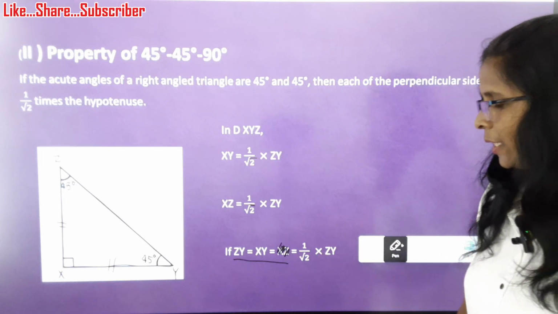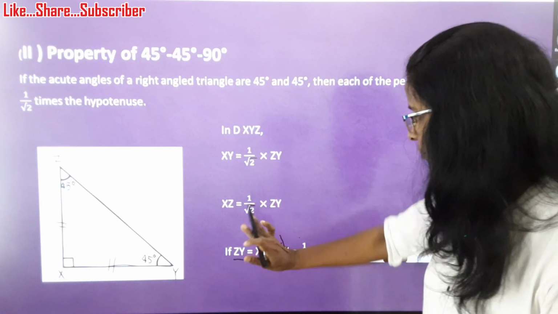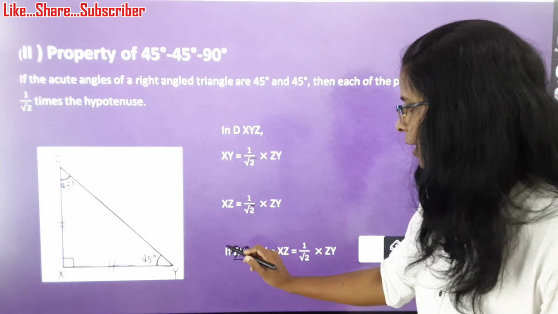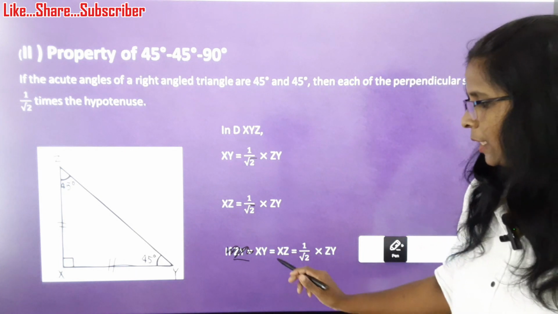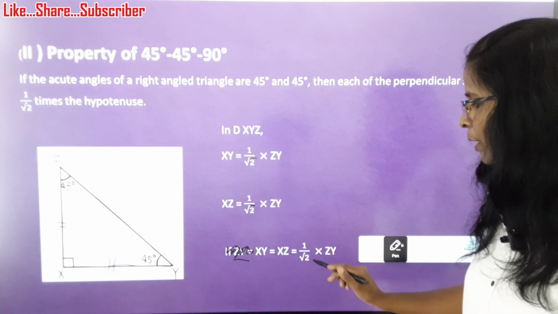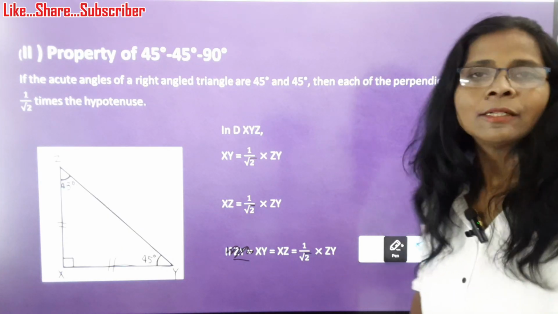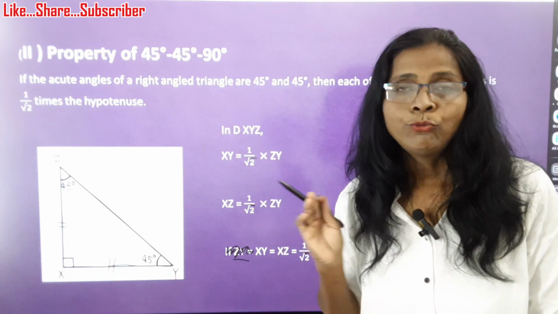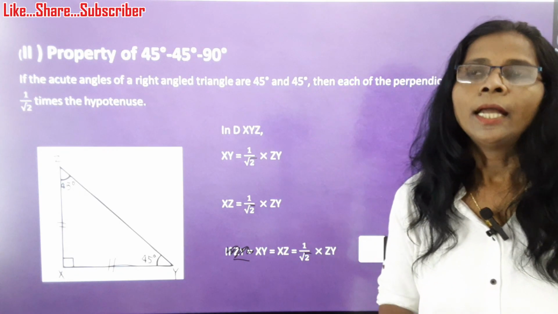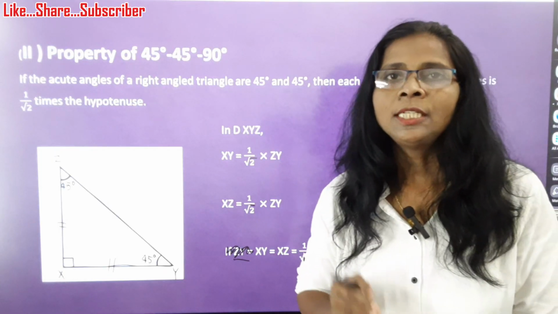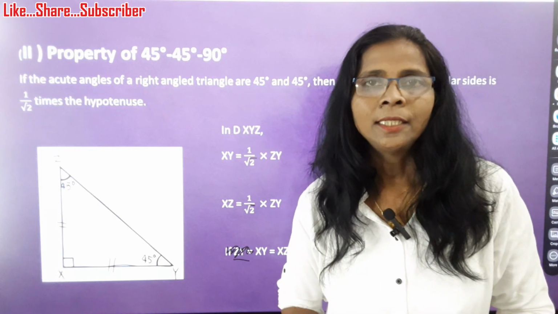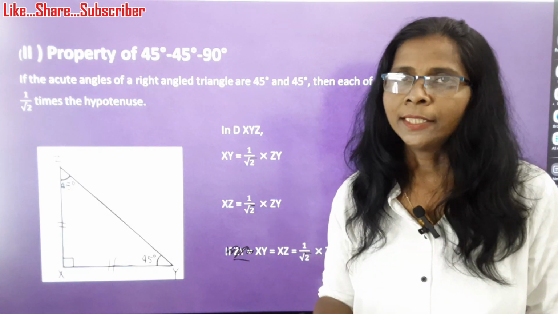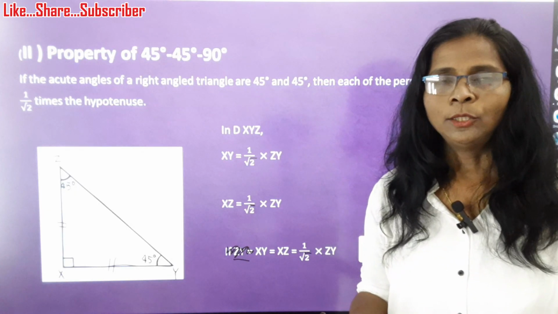This way, XY is equal to XZ, which is equal to 1 upon root 2 ZY. So these are the properties for the right angle triangle: the 30, 60, 90 degree triangle, and the next one, the 45, 45, 90 degree triangle.